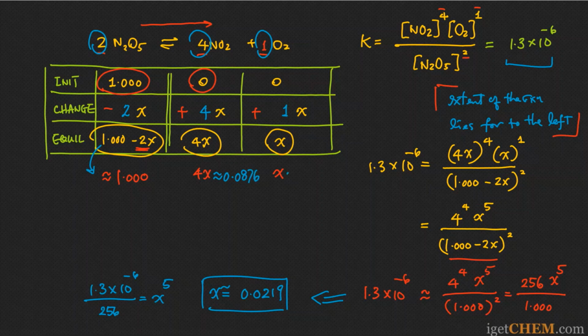And the concentration for O2 is just x, and that is just 0.0219. Okay, so these are the answers for the concentrations of N2O5, NO2, and O2 at equilibrium. So let me just box them.